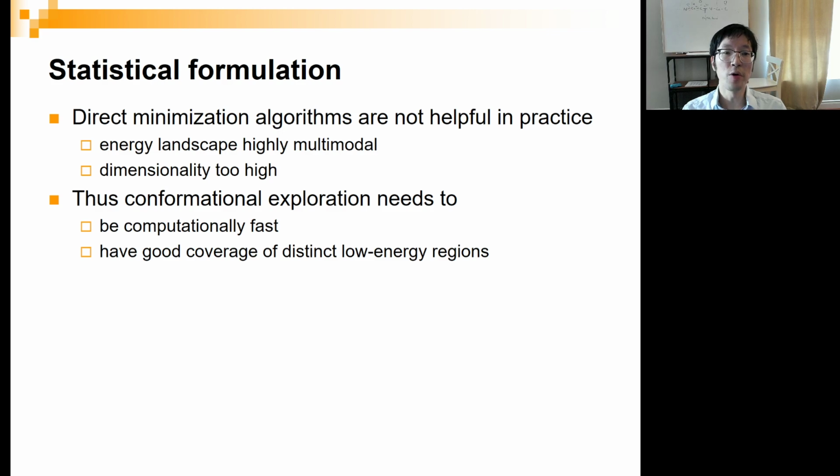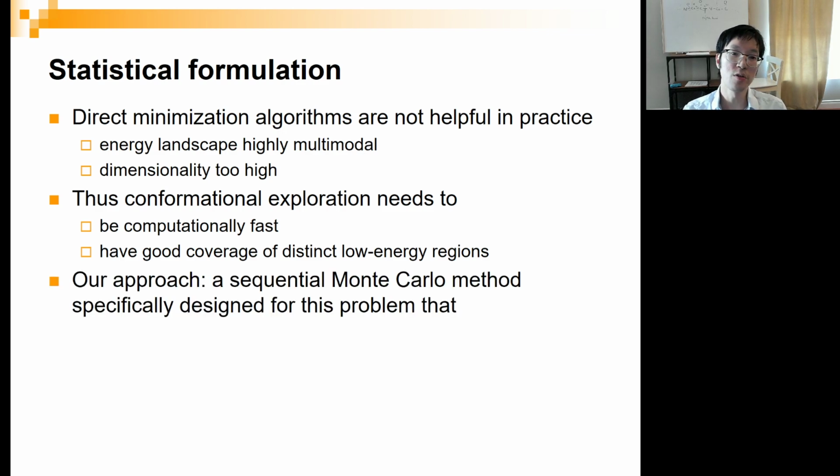So it's useful to be able to come up with an ensemble of conformations that are at least plausible for what the real conformation might be from a low energy viewpoint. So that's what we call having good coverage of the conformational space.